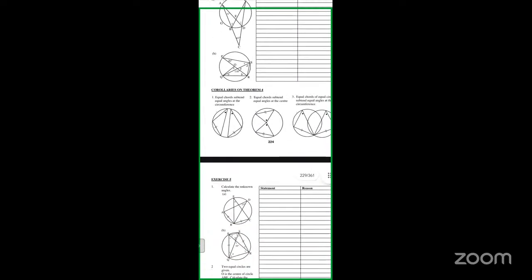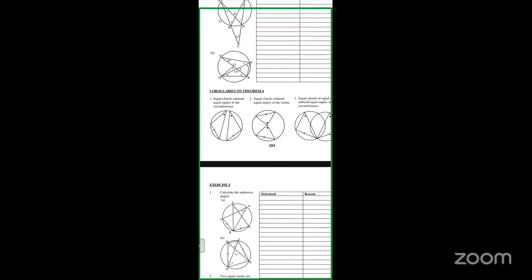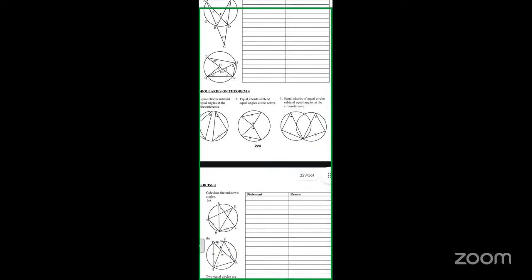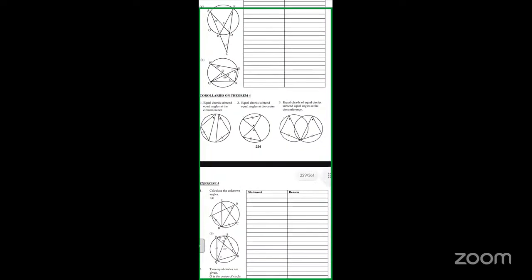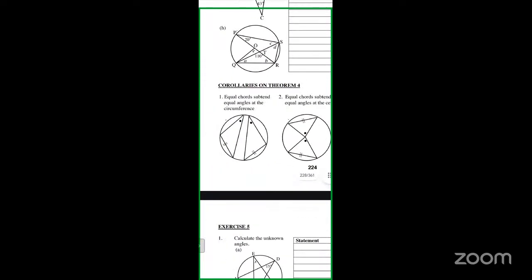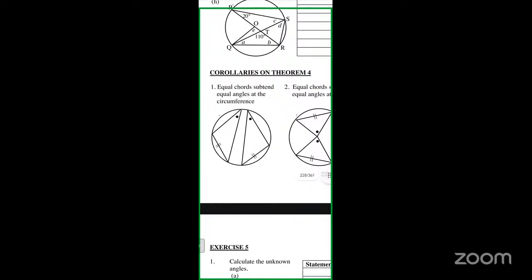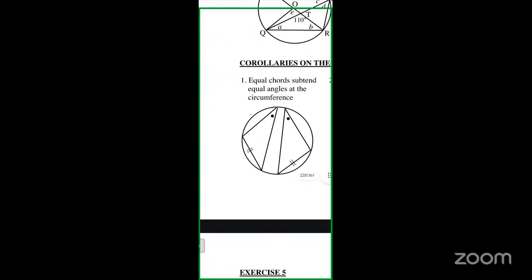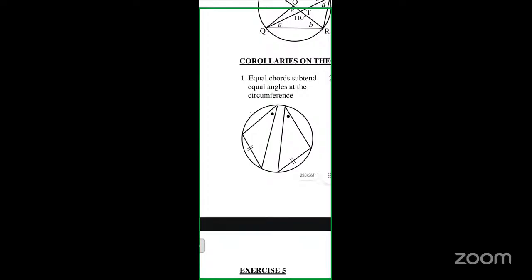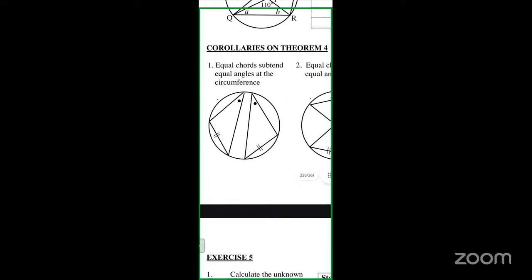These are the corollaries of theorem 4. These are some possibilities of how that theorem can be assessed. You can be given something like this, and you know that equal chords subtend equal angles at the circumference, or just equal chords subtend equal angles.